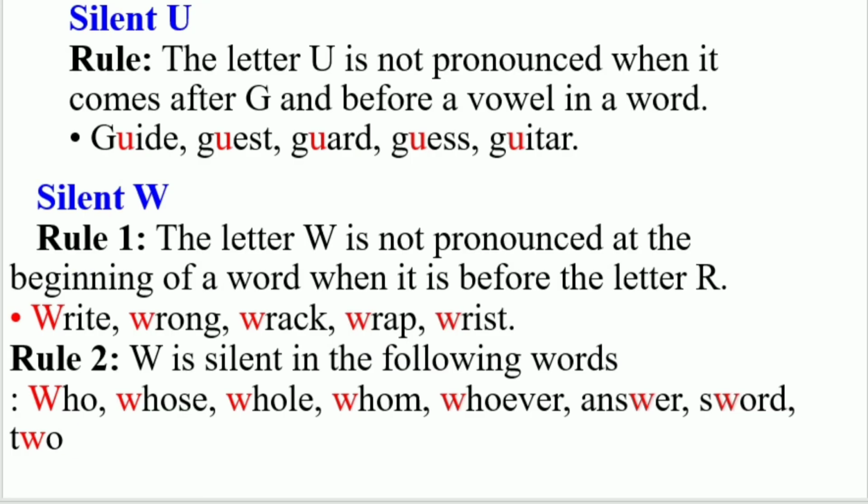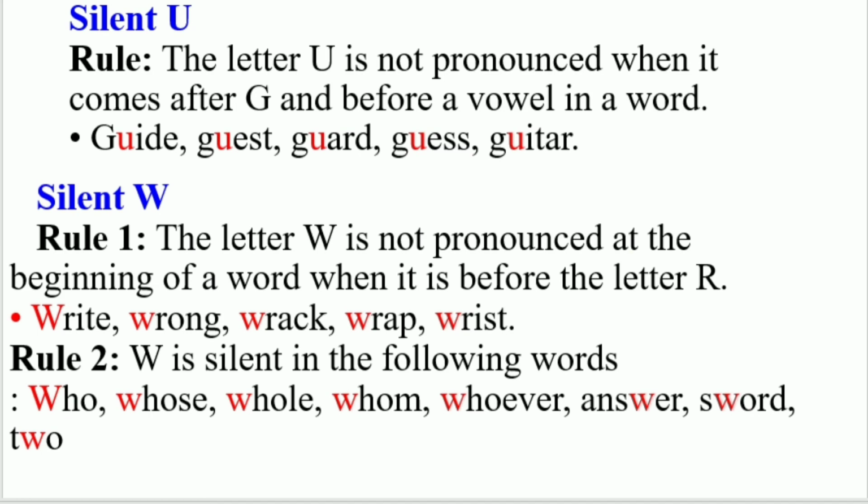Now the letter U. The letter U is silent when it comes after G and before a vowel in a word. For example, guide, guest, guess, guitar.